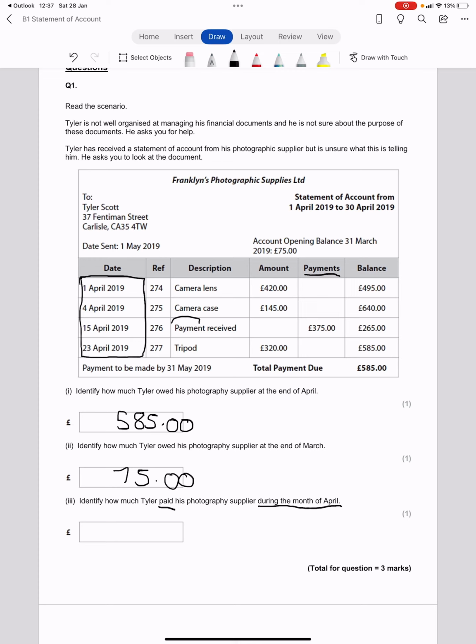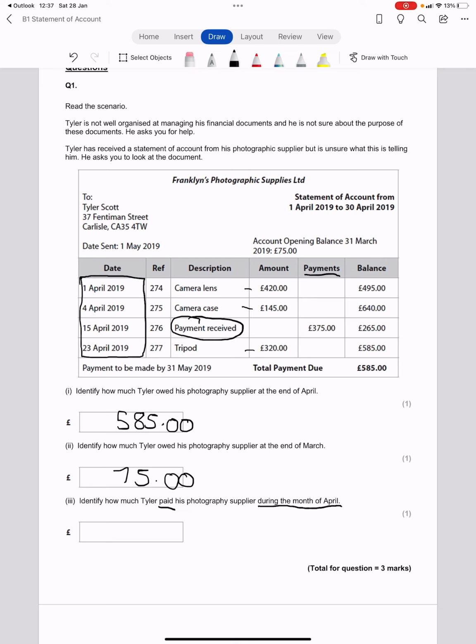And you can see here as well that it mentions that that listing on the statement of account is payment received, whereas these bits here, camera lens, camera case and tripod, those are things that Tyler has ordered from Franklin's photographic suppliers, and therefore that's things that he needs to pay for.